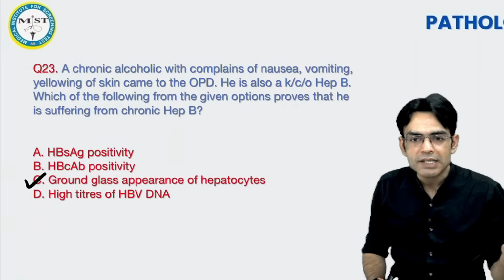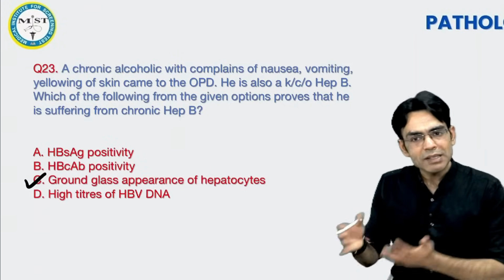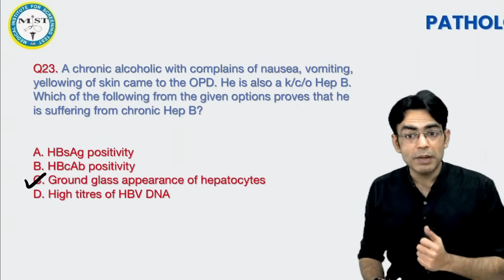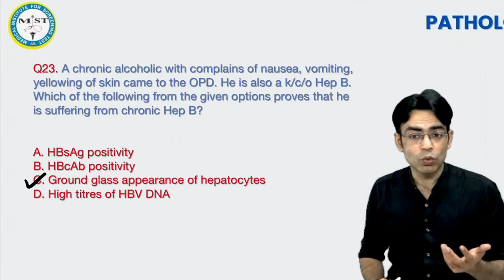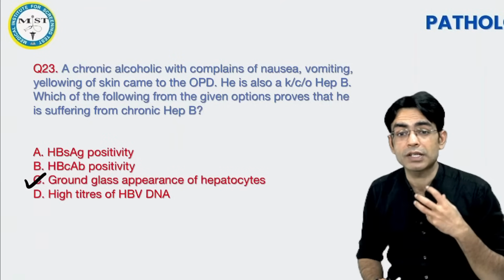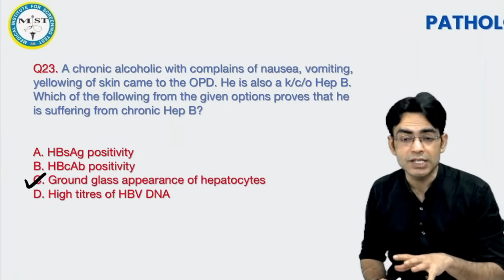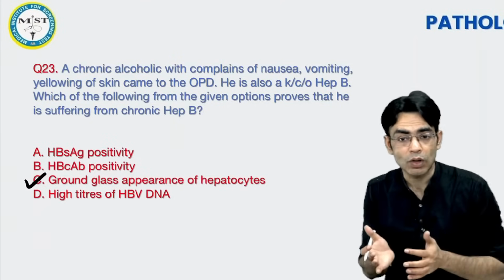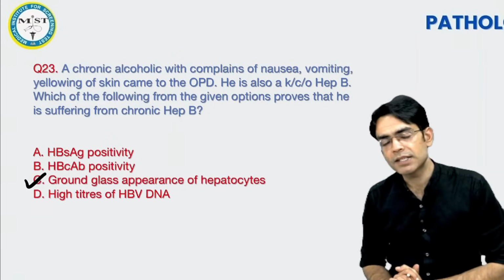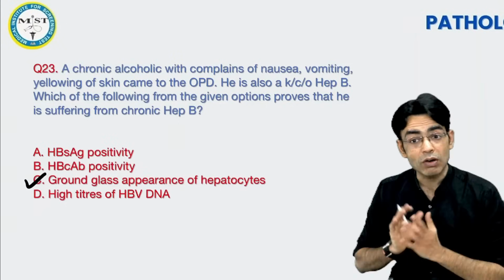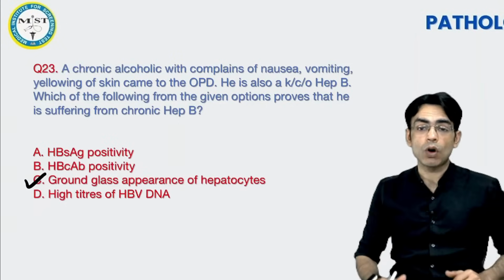But just HBsAg positive means hepatitis B is there, but we cannot decide acute or chronic. Core antibody positivity also, until I know whether it is IgM or IgG, I cannot comment. But if I am getting ground glass hepatocytes, then this is 100% chronic hepatitis B, because ground glass hepatocytes are findings of chronic hepatitis B.